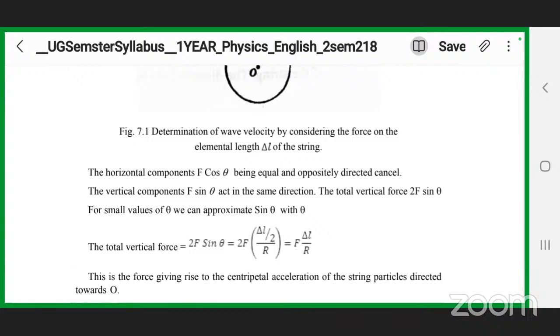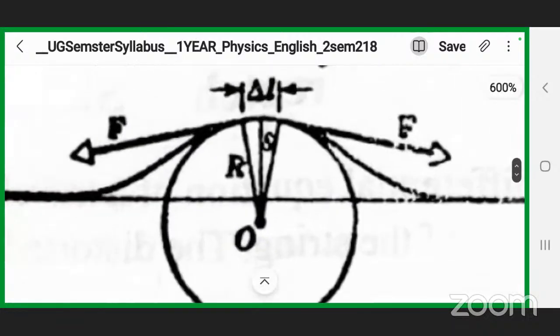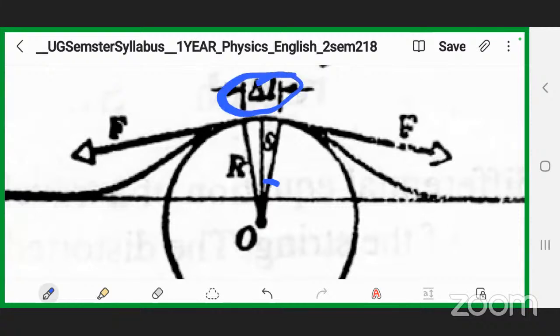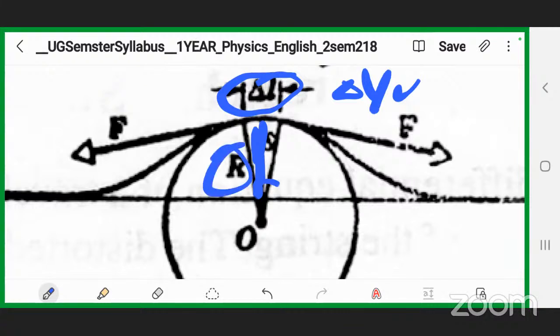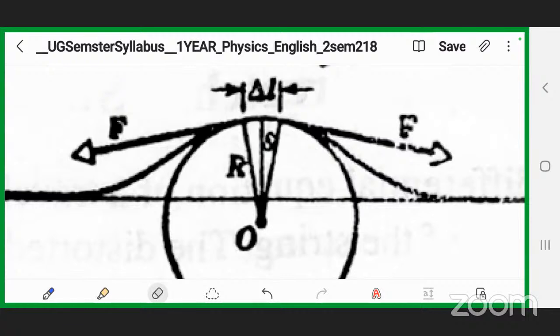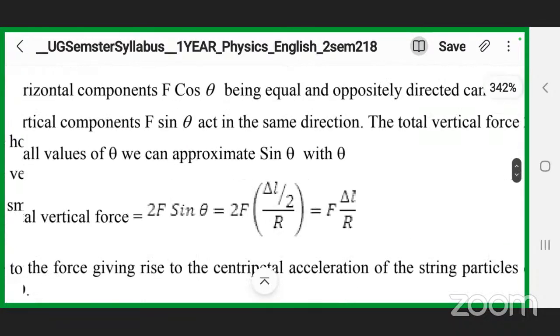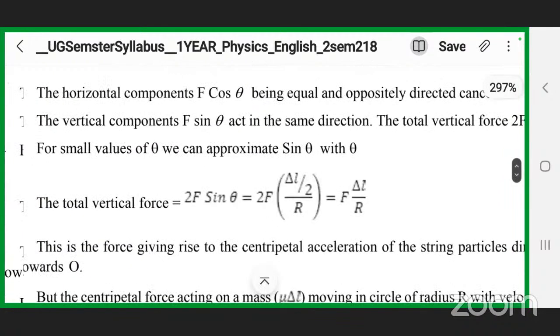Here the angle theta is made with the half portion, which is delta L by 2, so sin theta is delta L by 2 by R. The 2 gets cancelled, remaining F delta L by R. This is the vertical force.